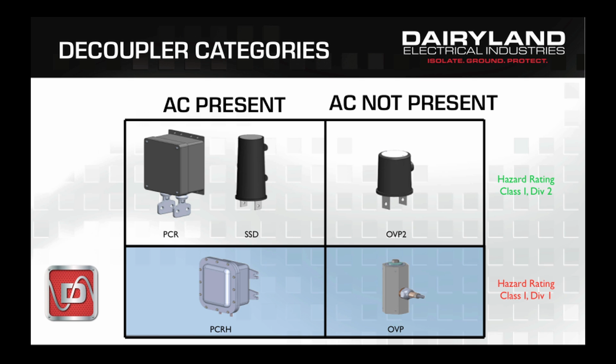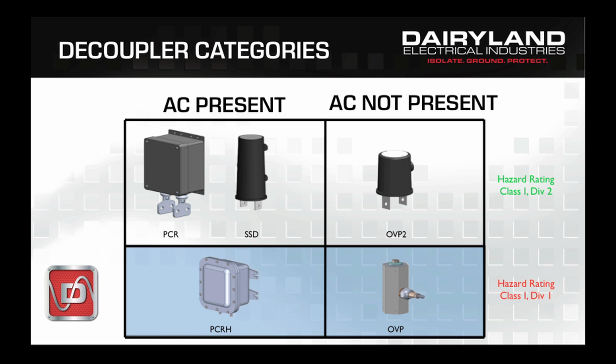These three products are the PCR, or polarization cell replacement, the SSD, or solid state decoupler, and the OVP2, or the over voltage protector type 2. Because of their common hazardous rating, these products can be used in any situation where it is an abnormal situation for explosive gases to accumulate.